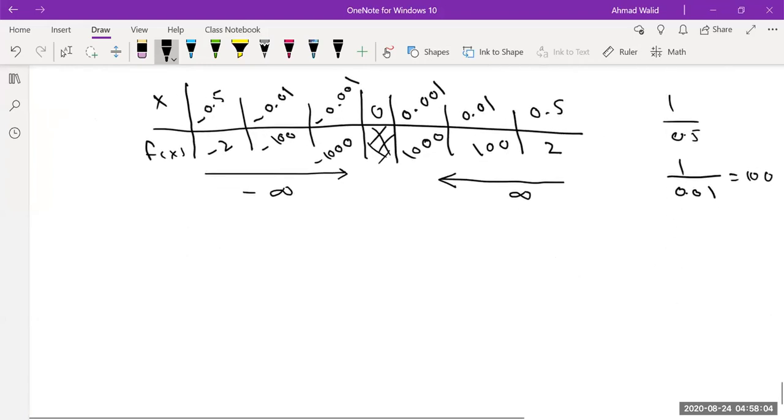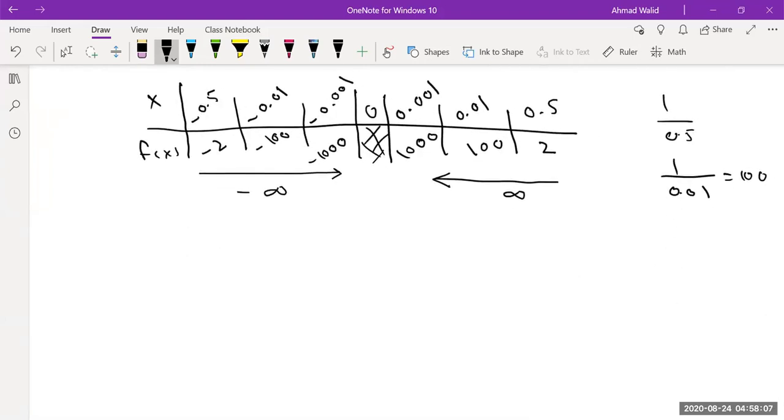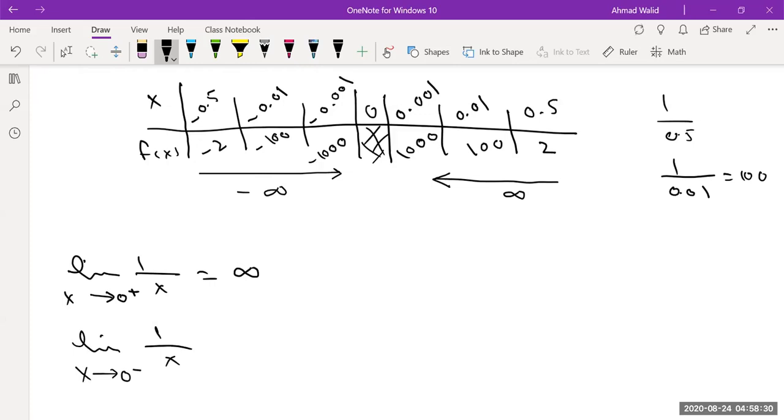Then I will write these steps for you. The limit of 1 over x as x approaching 0 from the right side, finally it goes to where? To positive infinity. Also, the limit of 1 over x as x approaching 0 from the left gives you negative infinity.